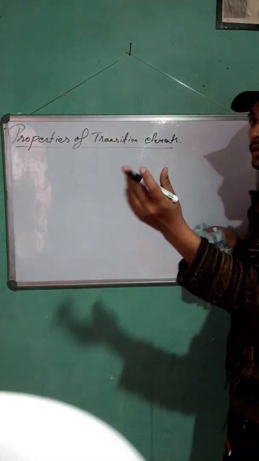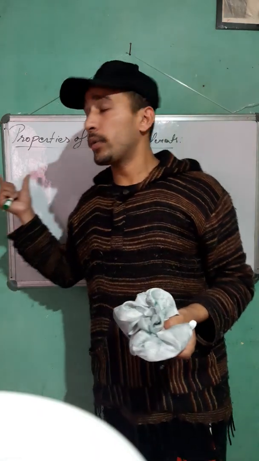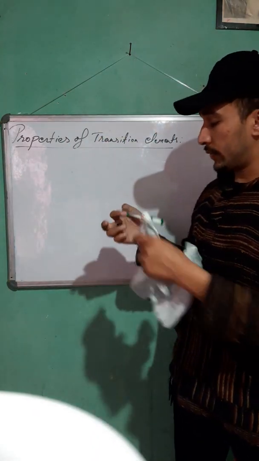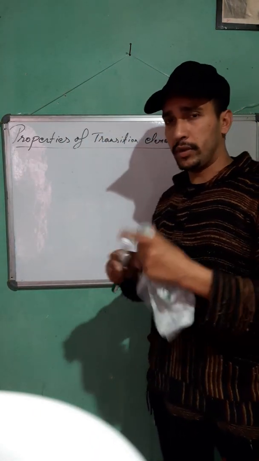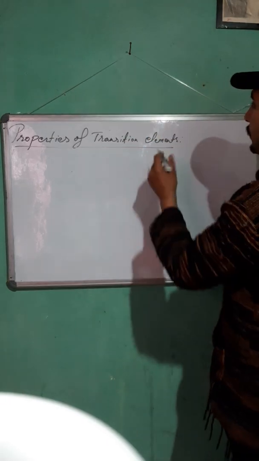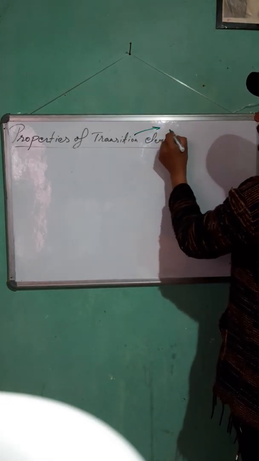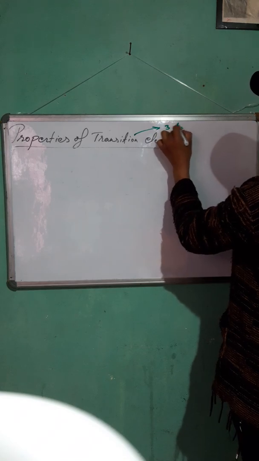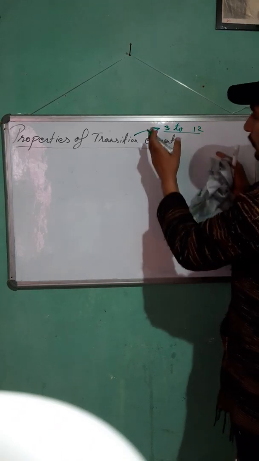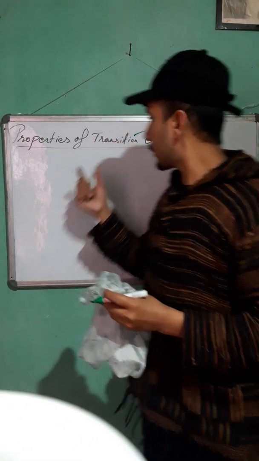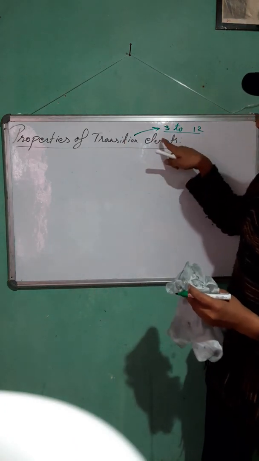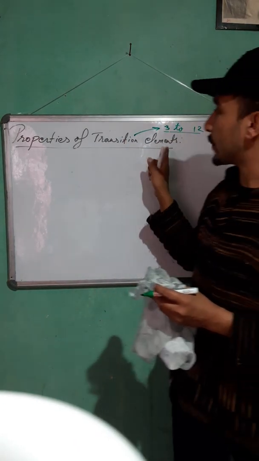So you can write a question: state some properties of transition elements. Transition elements I have already explained to you in the previous class. They are the elements of groups 3 to 12, the middle portion. Okay, in the periodic table they are called transition elements. Elements from group 3 to 12 are called transition elements.